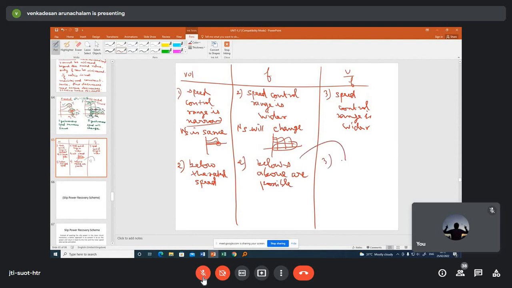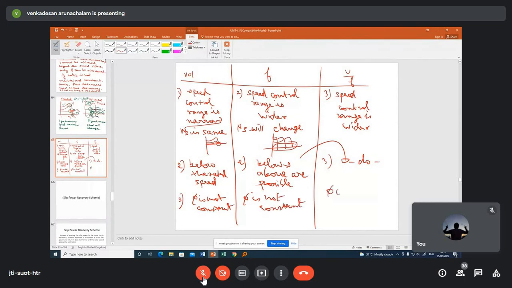Here also the same thing is applicable. And third one, flux is not constant. Similarly, flux is not constant.